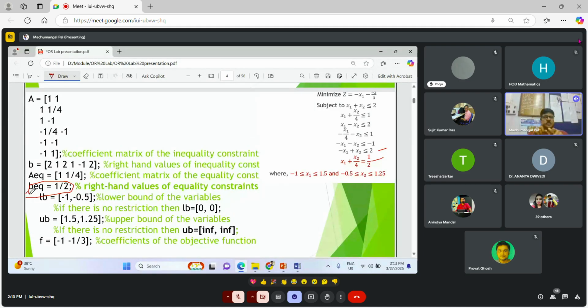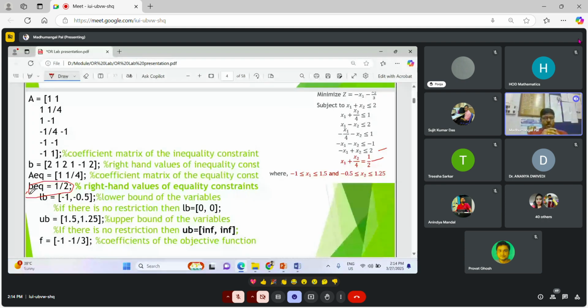It gets a one by one size vector or one by one size matrix. Or we can write half within the bracket, but it is not necessary. Automatically the software will identify.